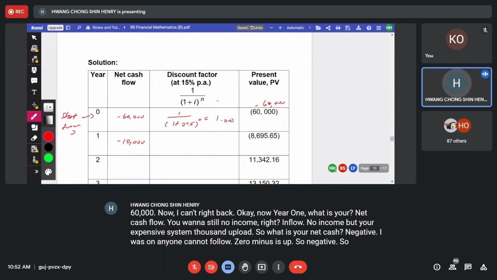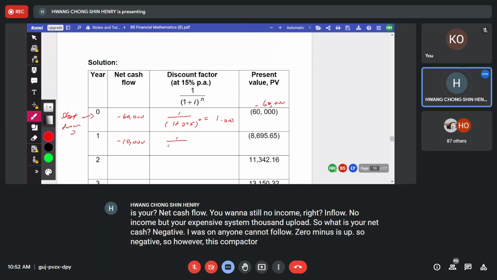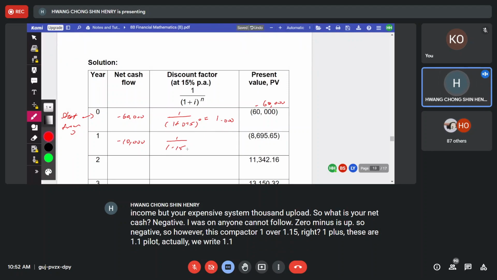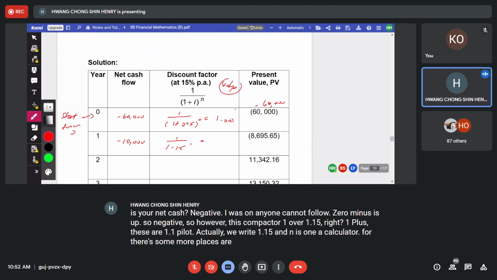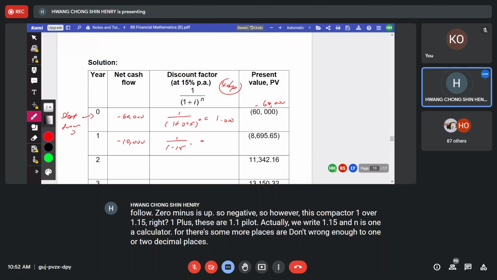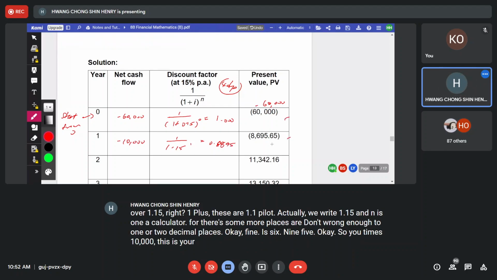So how about your discount factor? 1 over 1.15, right? 1 plus 0.15 is 1.15, and n is 1. Okay, calculator. Use 4 decimal places. Don't round it to 1 or 2 decimal places. You get 0.8695. Right? So you times 10,000, this is your PV.